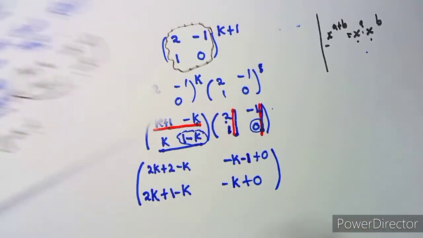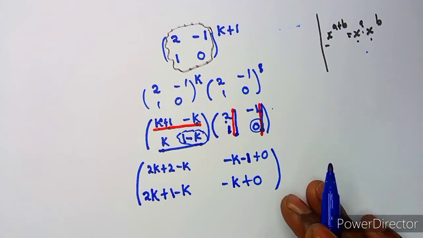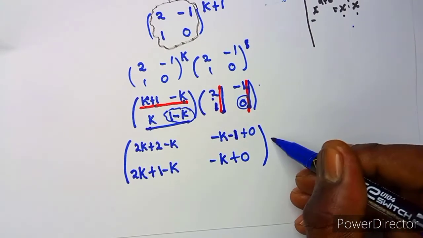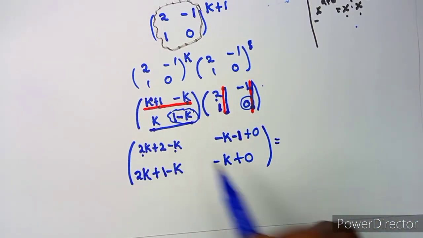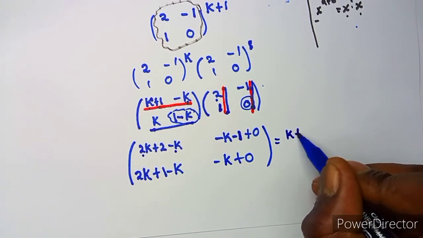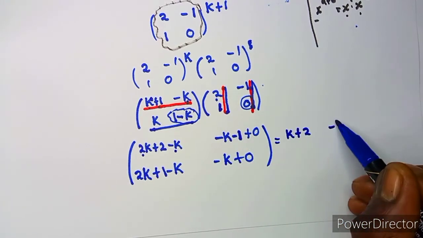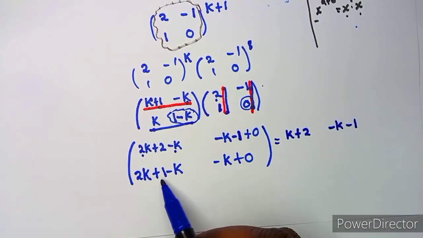All right, so let's see if we are going to obtain any of those two. Let's equate here: 2k minus k gives us k, so it's k plus 2. Then minus k minus 1 plus 0, which is minus k minus 1.